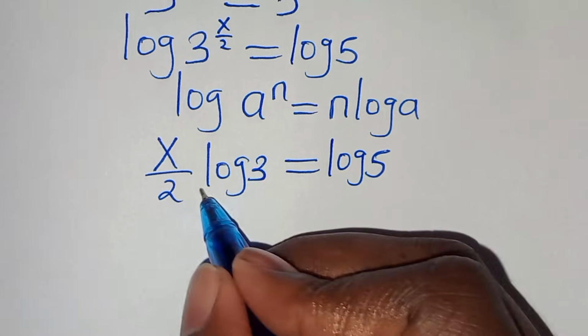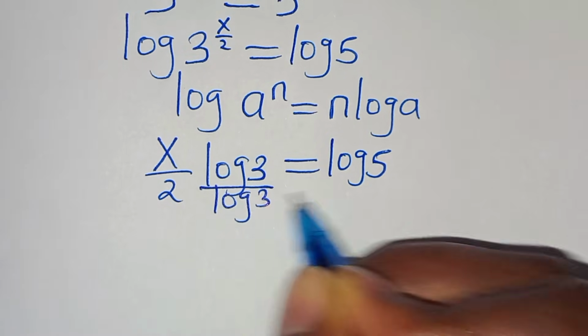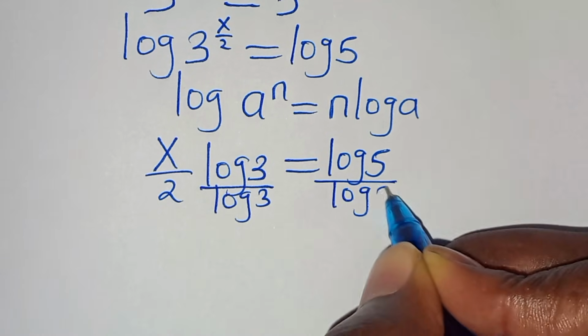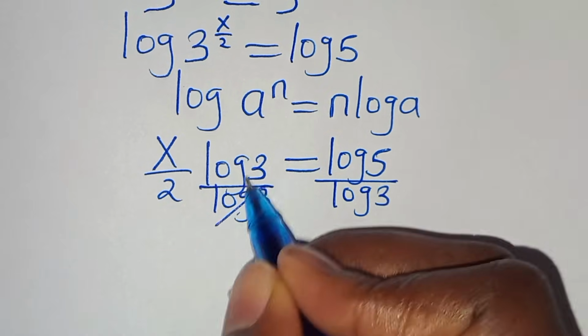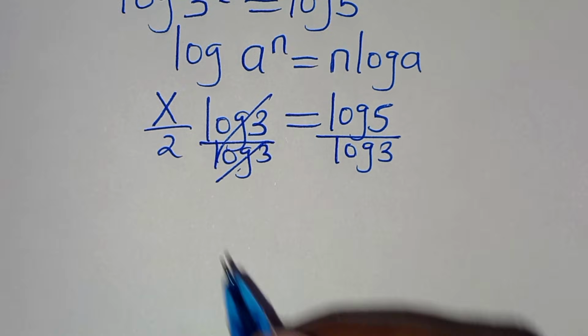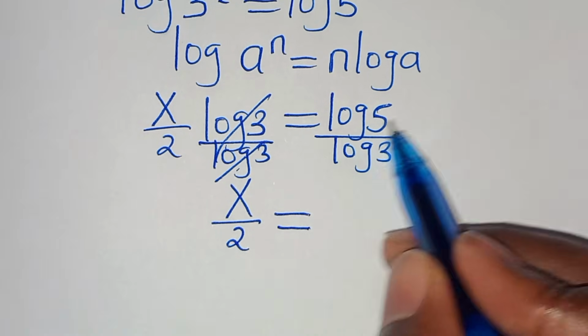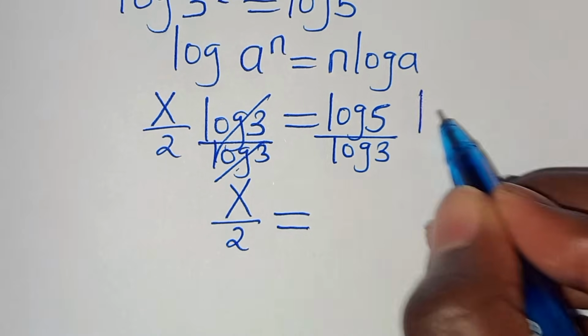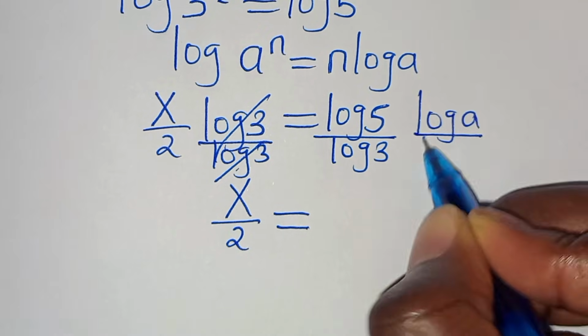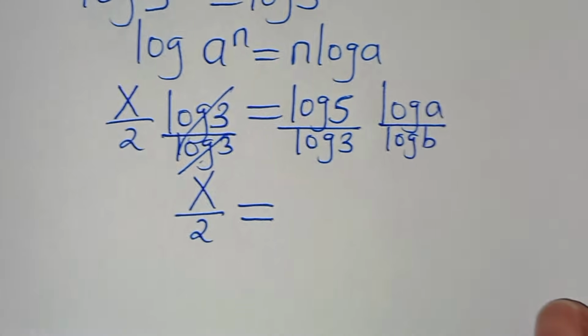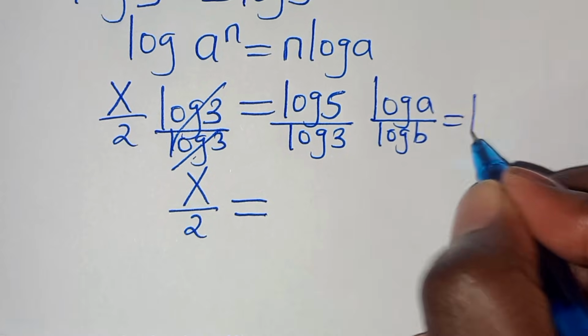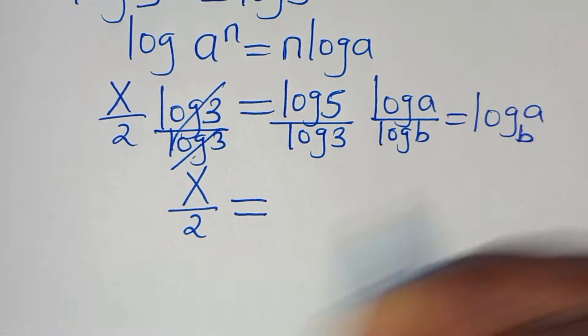So from here, let's divide both sides by log 3. Let's simplify, so that now we have x over 2 equal to log 5 over log 3. This is in the form of log a divided by log b, that we can express as log a to base b.